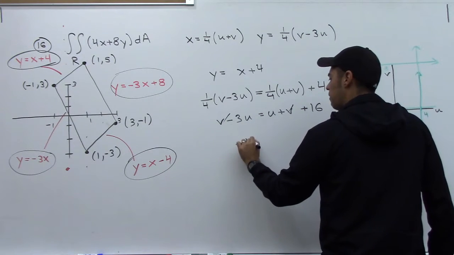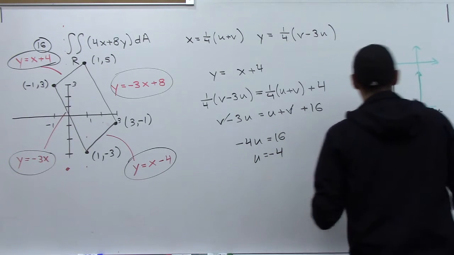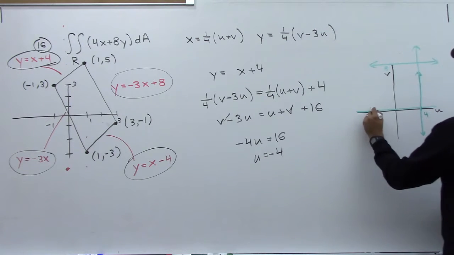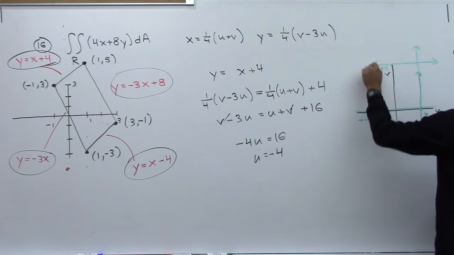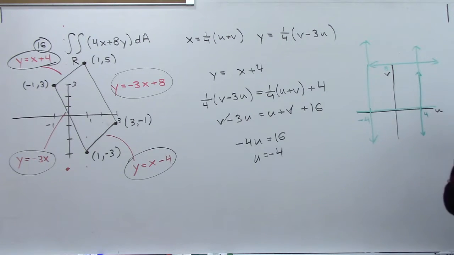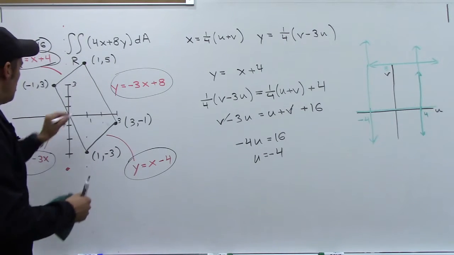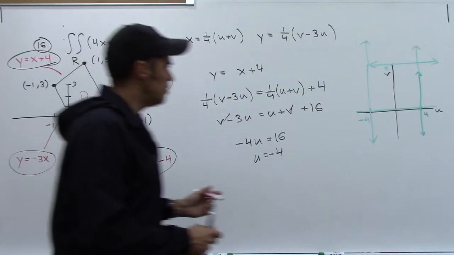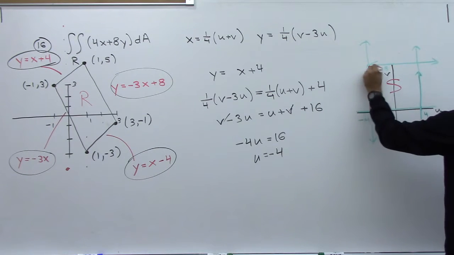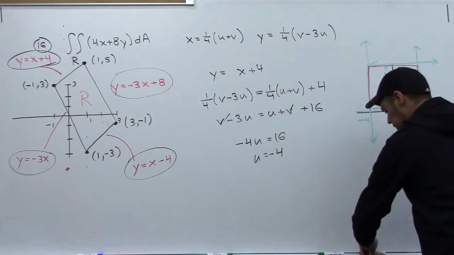You get negative 4u equals 16. So u equals negative 4, which means u is negative 4 is over here. And you get this. So you can see that this region, this parallelogram, region R, gets transformed into this region over here, S, which is a rectangle, which will be very easy to integrate over.